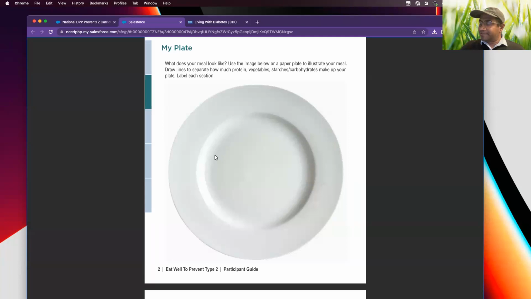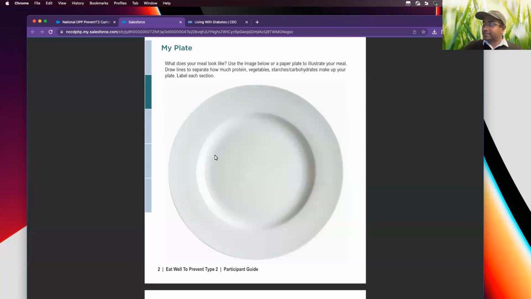So let me guess, half of your plate should be vegetables and the other half would be a quarter protein and a quarter carbohydrates.